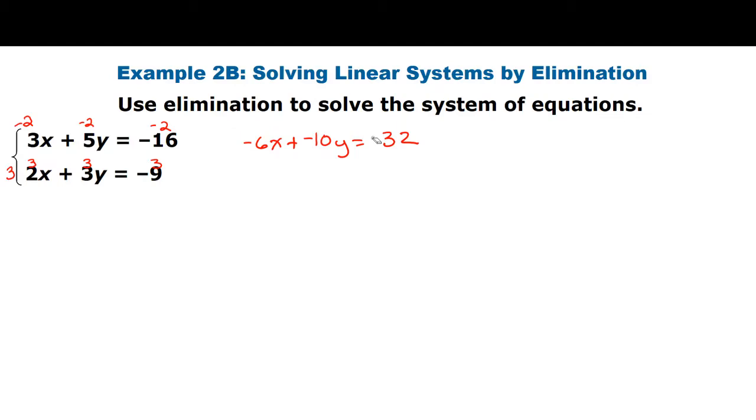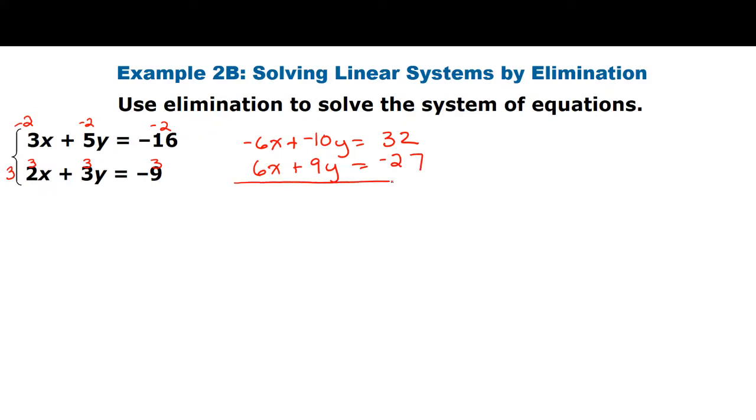All right, in our second equation we're going to multiply everything by 3. 3 times 2 is 6x plus 3 times 3 is 9y equals 3 times negative 9 is negative 27.